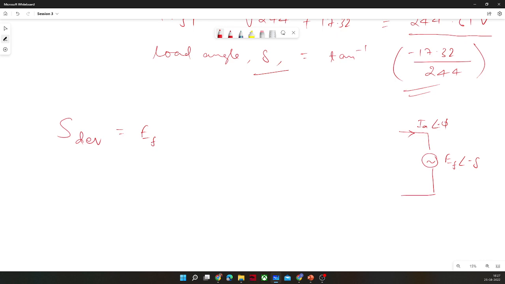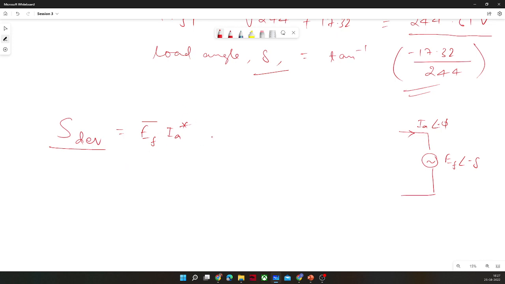So developed is EF angle minus delta, or just starting from basics, EF times IA conjugate. This is the developed apparent power. Again, you have to break IA conjugate into two terms, VT minus EF.